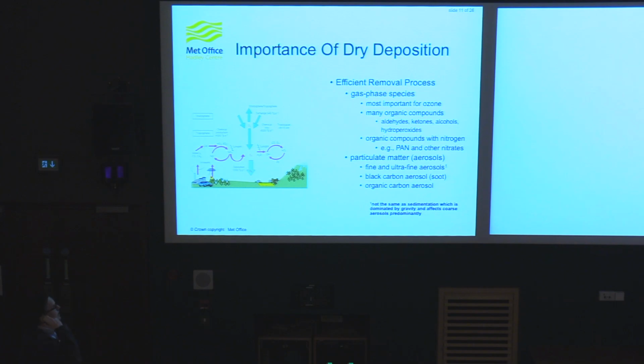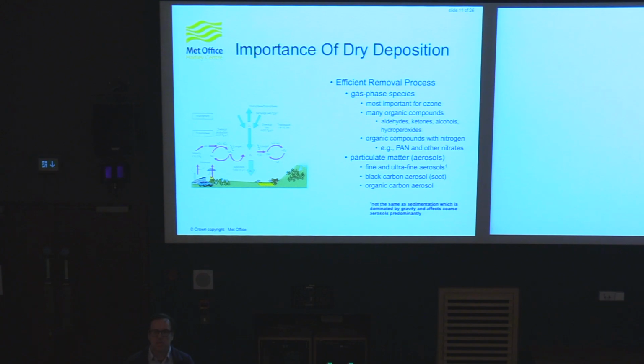So I've already said that dry deposition is an efficient removal process for both gas phase species and particulate matter. It's vital for ozone. I mentioned that. But it's also important for virtually every atmospheric species that has a certain amount of solubility in water.